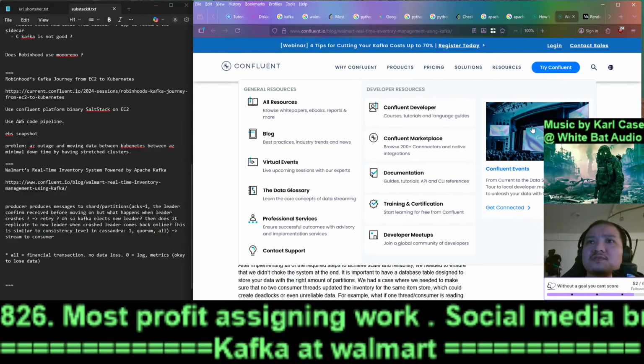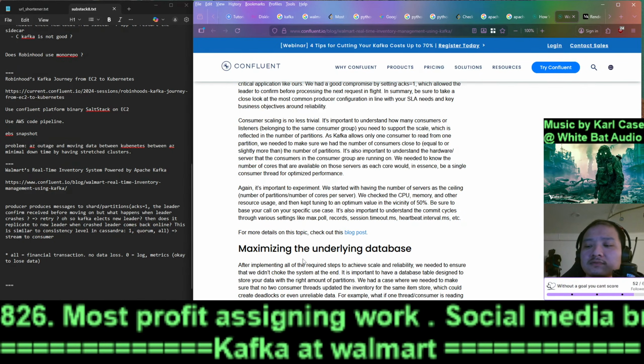So we'll have to read this next. First, allow only one consumer to read from one partition.